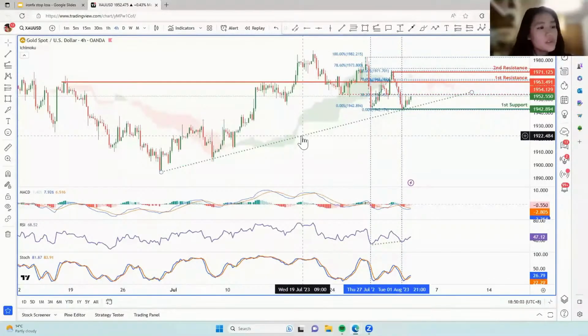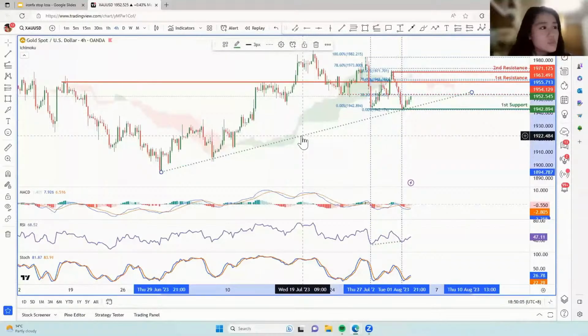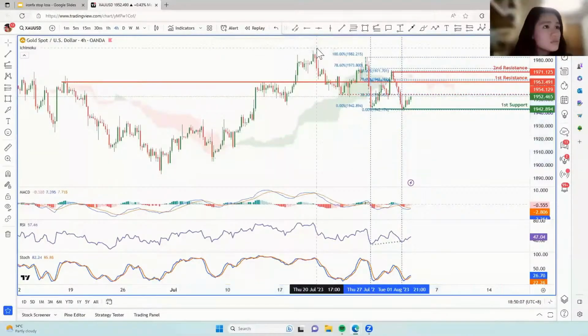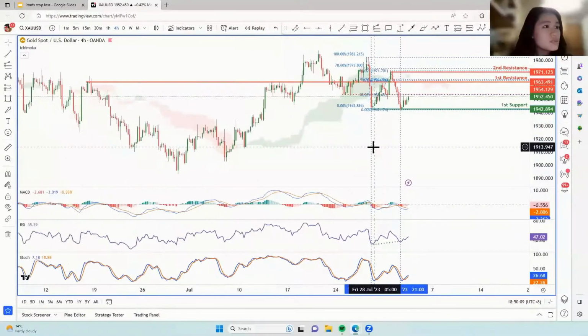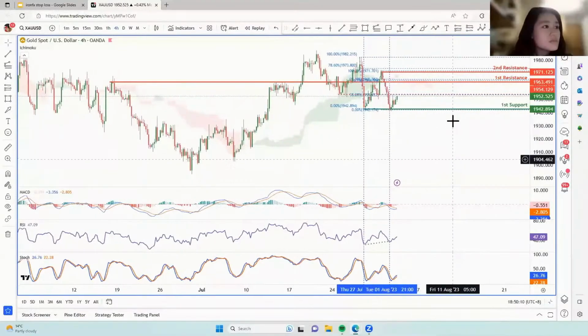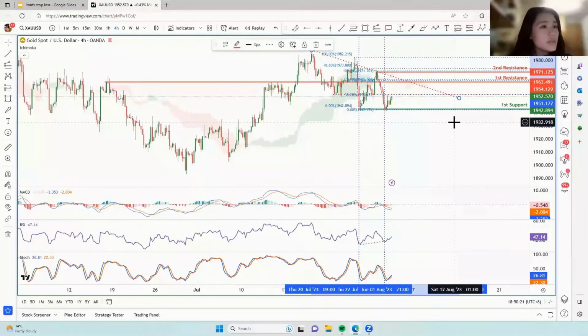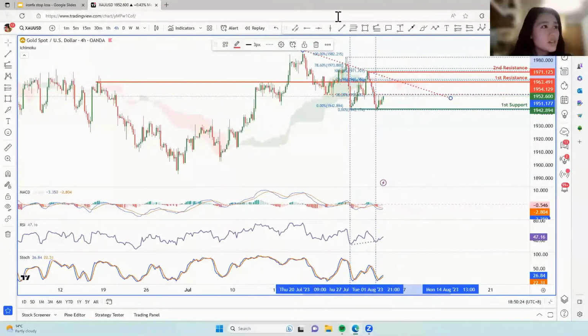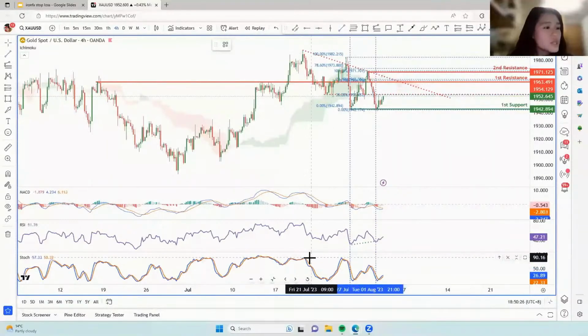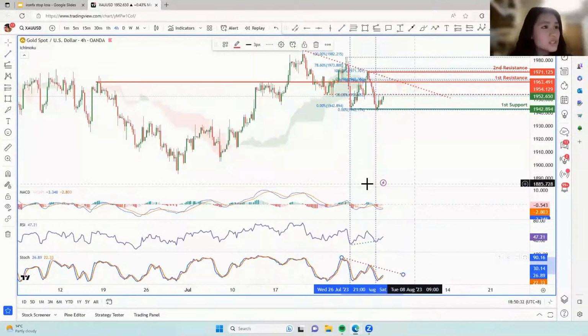Okay, I'm gonna go ahead and remove our ascending trend line. Okay, here we have a descending trend line, and on our stochastic, we also have a descending trend line here.